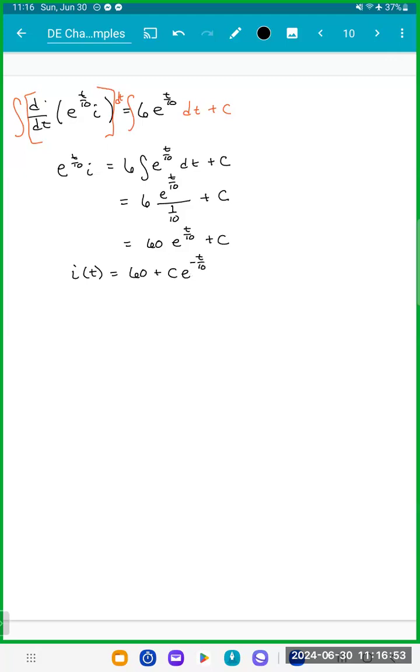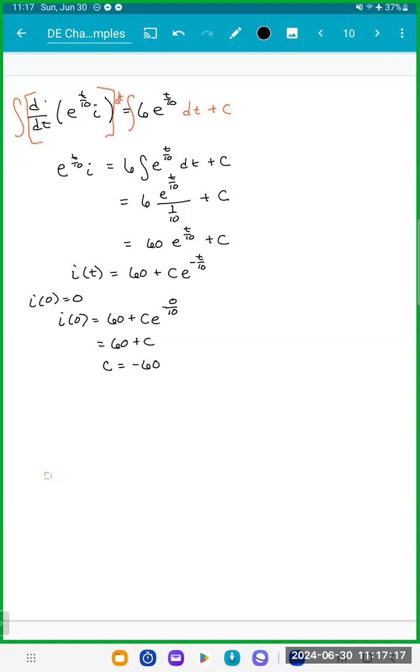Okay. Now we want to apply that initial condition where it said I of 0 is 0. So if I of 0 is 60 plus c e to the negative 0 over 10, we get 60 plus c. So c is equal to negative 60.